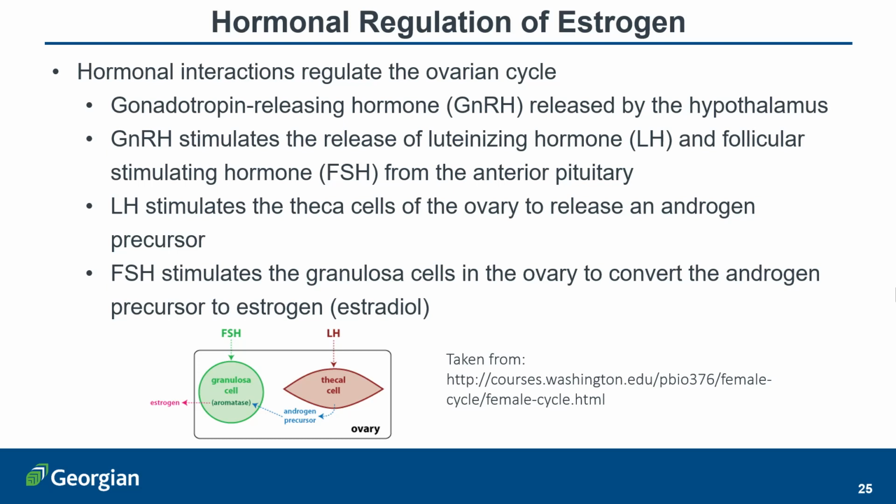LH and FSH travel through the bloodstream to the ovaries. LH stimulates the theca cells of the ovaries to release an androgen precursor. It's actually a precursor to testosterone. FSH stimulates the granulosa cells in the ovaries to convert this androgen precursor to testosterone, and then testosterone is ultimately converted to estradiol. That's how estrogen is released from the ovaries.